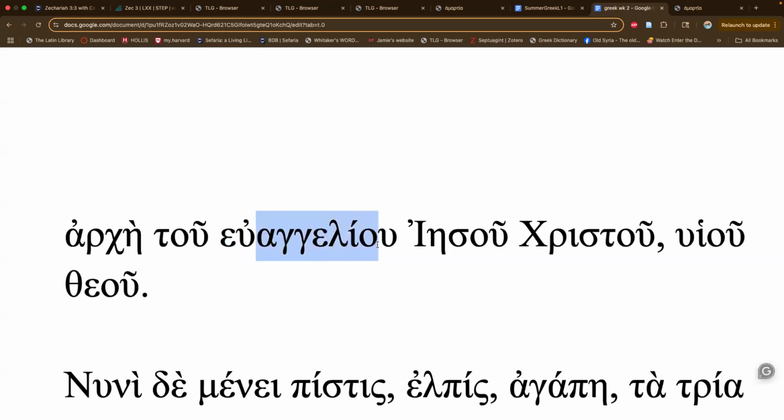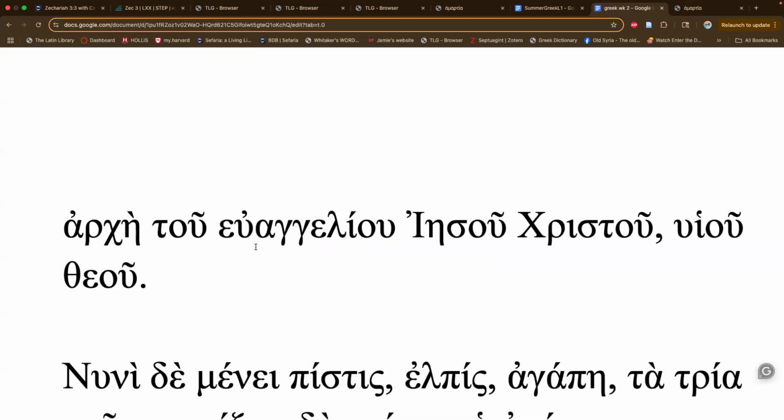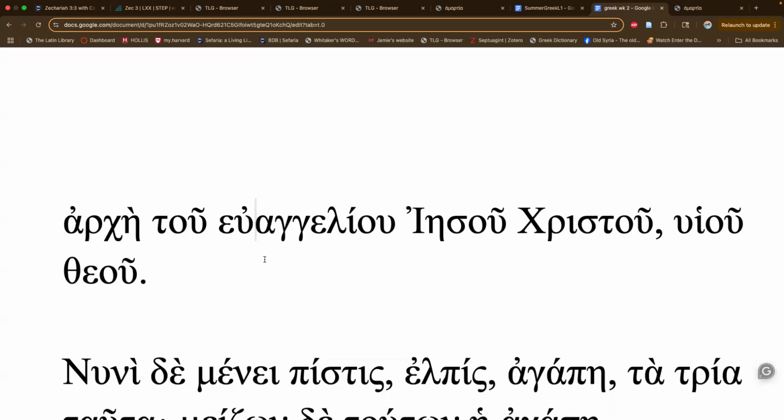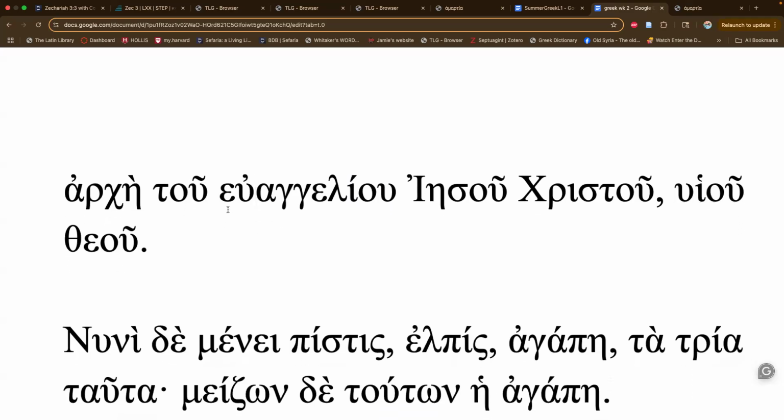So angelion is like news or message, and eu makes it the good news. It's where we get words like euphony, like good sound, or euthanasia. A good death is what that literally means. I was trying to avoid that example, but yes, whatever helps.